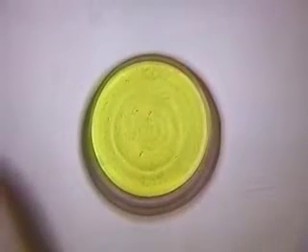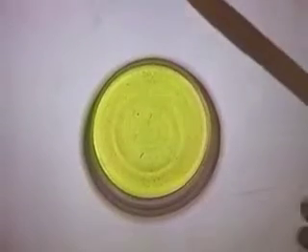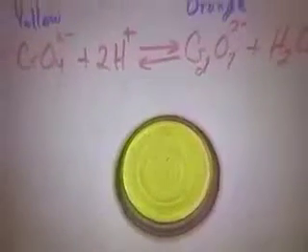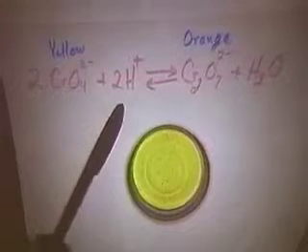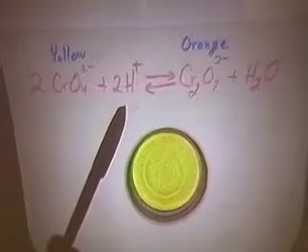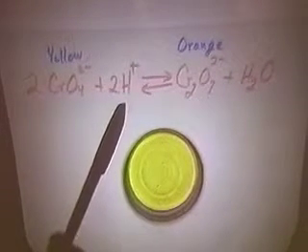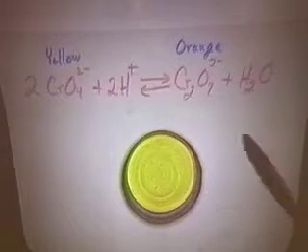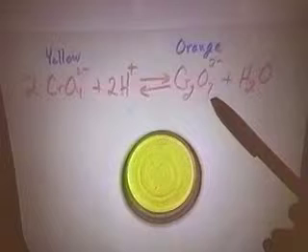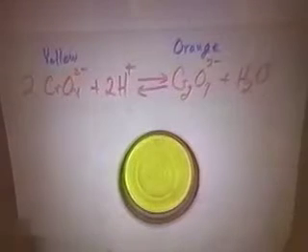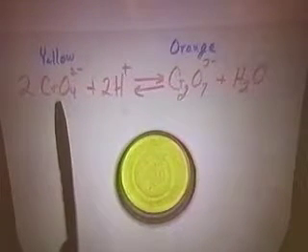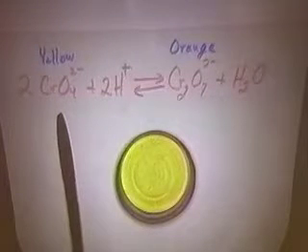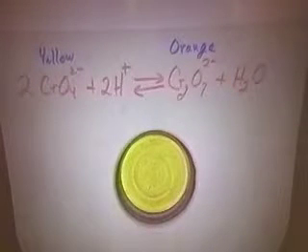Now, as we can see from the chemical equation and applying Le Chatelier's principle to make some prediction, if in fact we were to increase the hydrogen ion, it should shift the equilibrium toward the product side, increasing the amount of dichromate, or the orange species, and decreasing the amount of the yellow species. So we'll take a look and see if in fact this occurs.